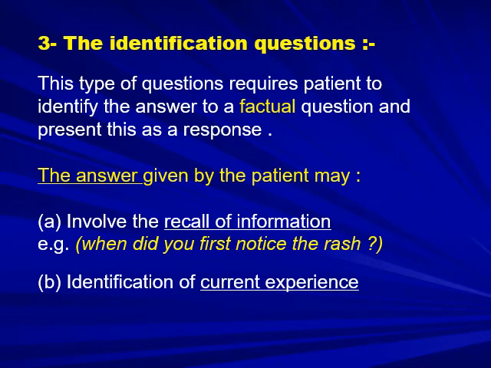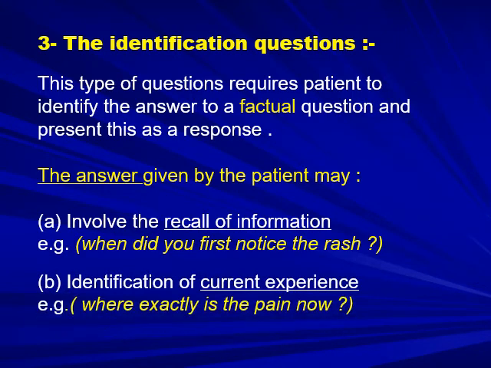Identification of current experience, for example, where exactly is the pain now? A question about the feeling of pain, the current experience of pain at that specific moment. Again it is a closed question with identification of a fact.